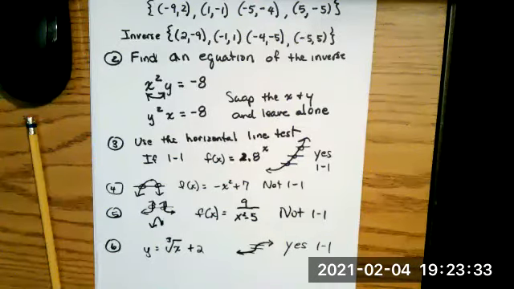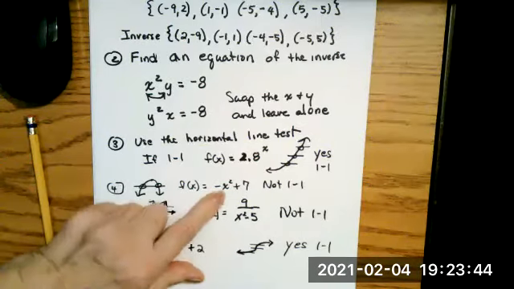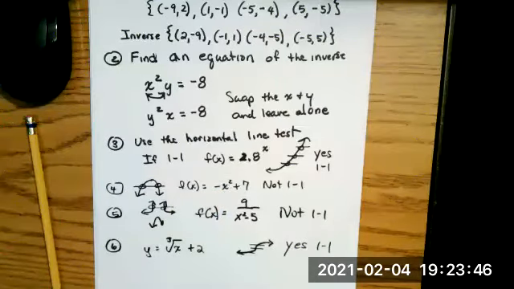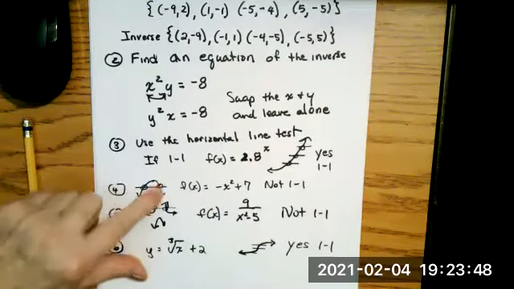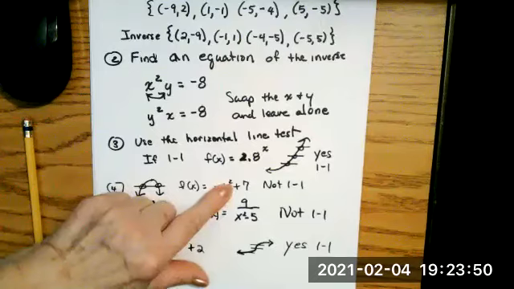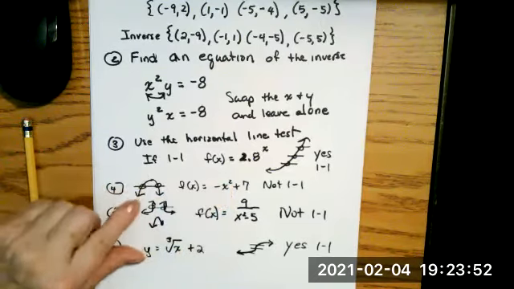And these rational ones most often will never pass. But if it's positive, it's still not 1-to-1, correct? Let's say it was like x squared plus 5. It's still not going to be 1-to-1, correct? Because that squared makes the curve like this.